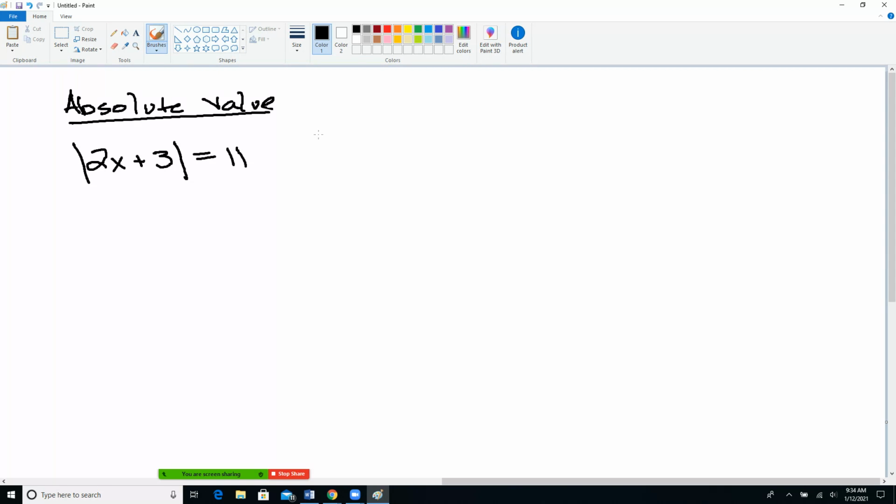Well, since it's absolute value, I have to write 2 separate equations: 2x plus 3 equals 11, and 2x plus 3 equals negative 11.